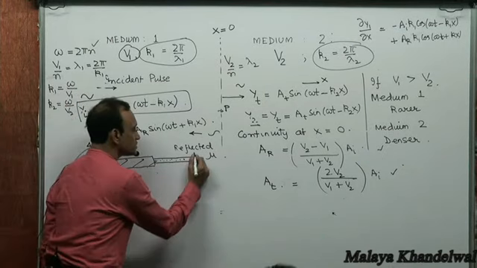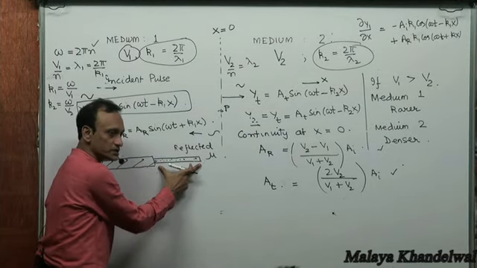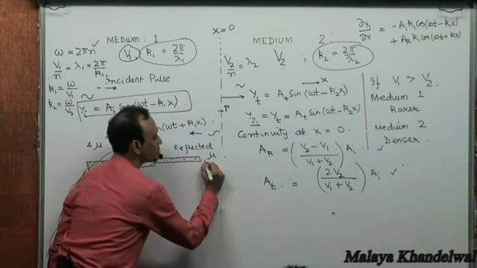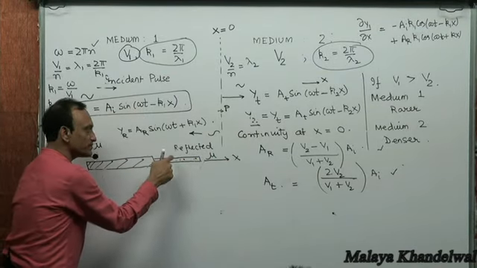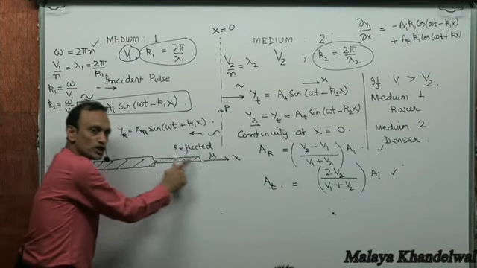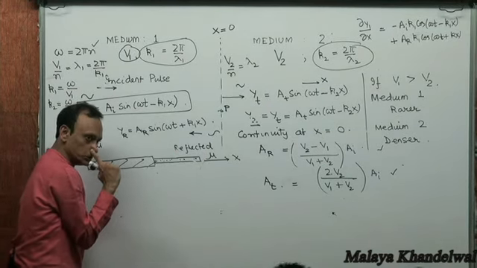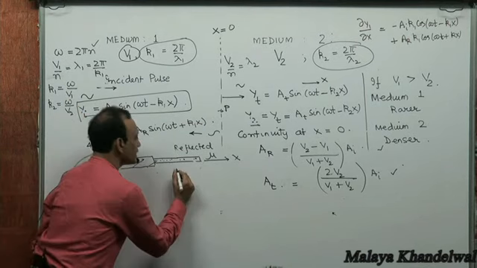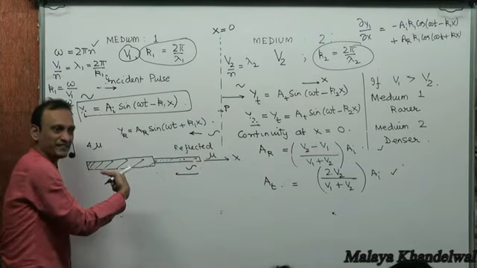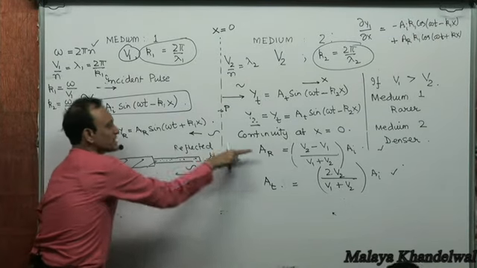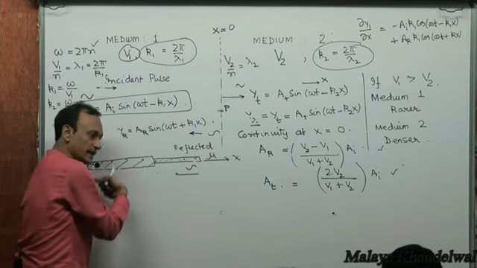And say there is a transverse pulse generated in this, and say this is my positive x direction. Say there is a transverse pulse traveling from mu to 4 mu. That means this is a pulse traveling in the negative x direction. If this is the plus x direction, this is the pulse traveling in the negative x direction.